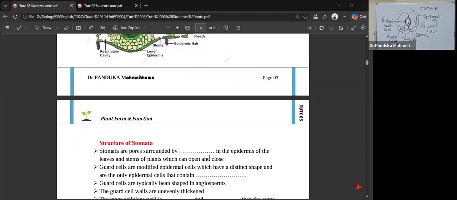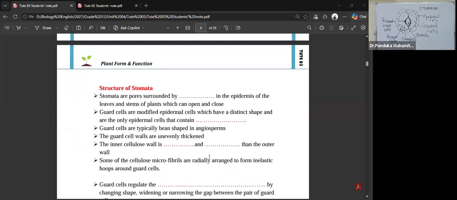Right. So in the note, the structure of the stomata: stomata are pores surrounded by guard cells in the epidermis of the leaves and stems of the plants, which can open and close.